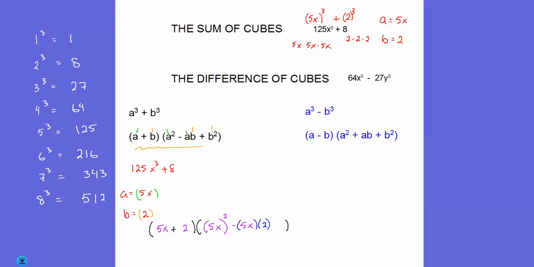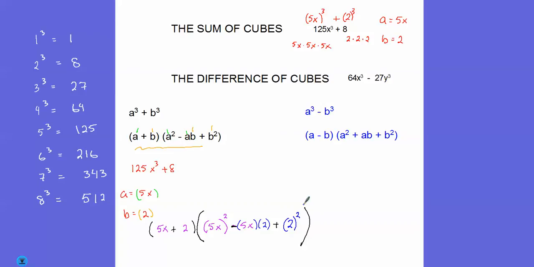In fact, I'm going to take this parenthesis piece here and make it larger and taller, so this one's going to be this way to separate it and make it look distinct and not confusing. Now, in the back, notice this is subtraction here. In the back, I'm going to be adding the b squared. In this case, it's going to be the value of 2, but that 2 is going to be squared.